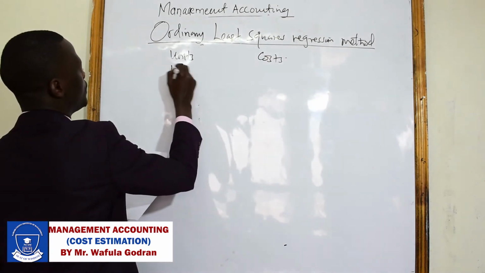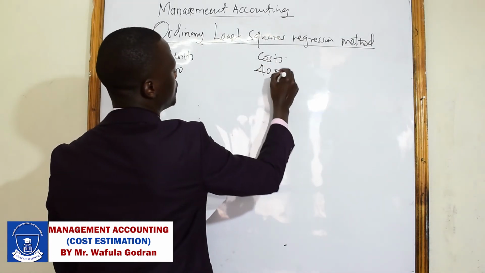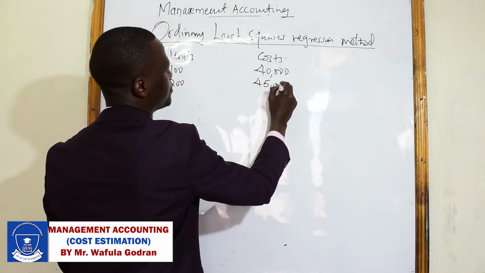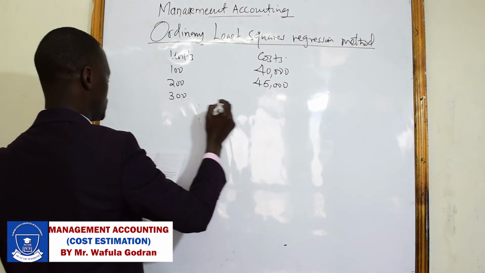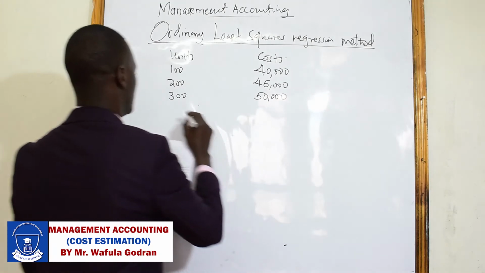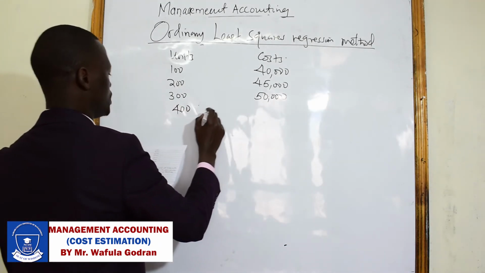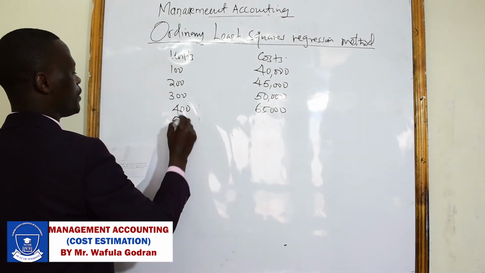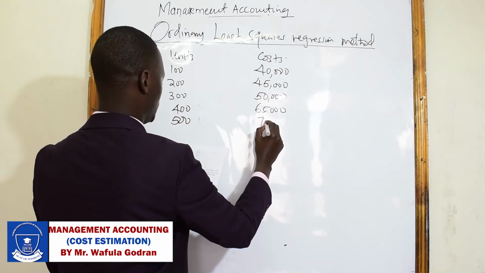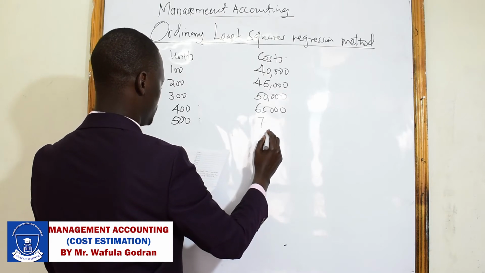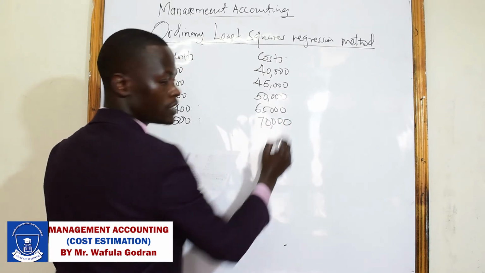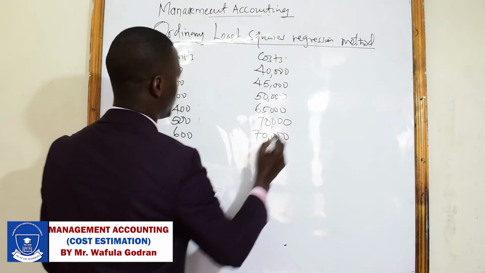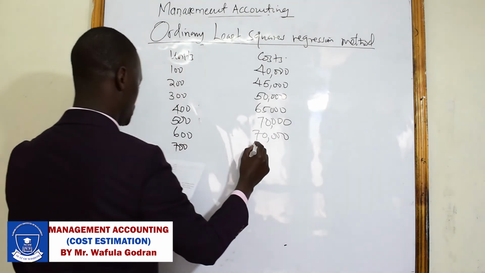So we are told when 100 units were produced, 40,000 was incurred, 200 units, 45,000, 300 units, 50,000, 400 units, 65,000, 500 units, 70,000, then 600, 70,000 again. Then 700 units, 80,000.